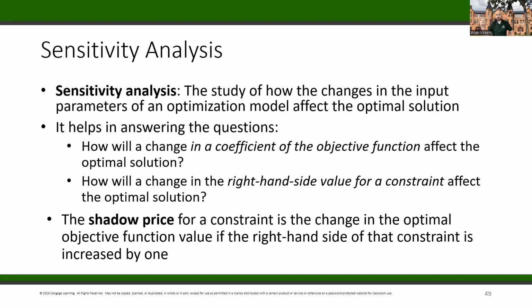If I had more of this, would this number change anyway? And we can look at the shadow price, which is also on that printout. The shadow price for a constraint tells us how much the optimal solution changes for every single one unit increase in the available resources. We increase our time.